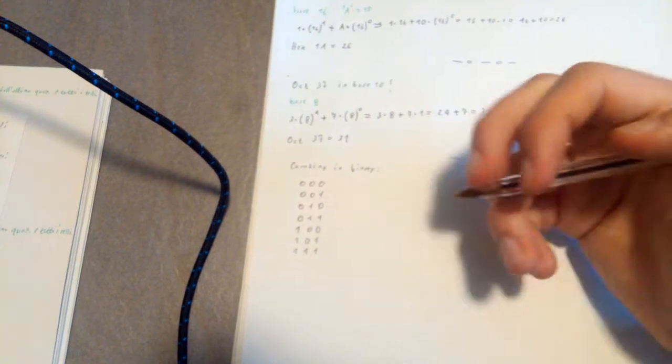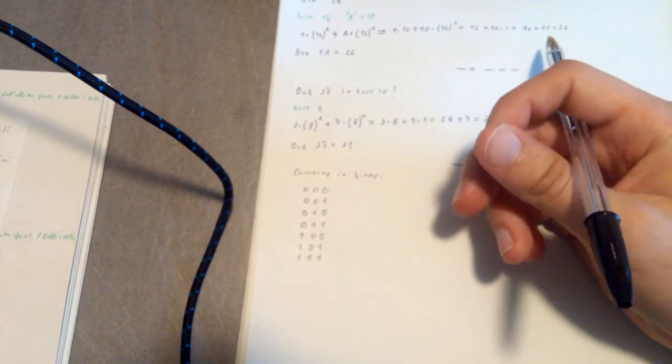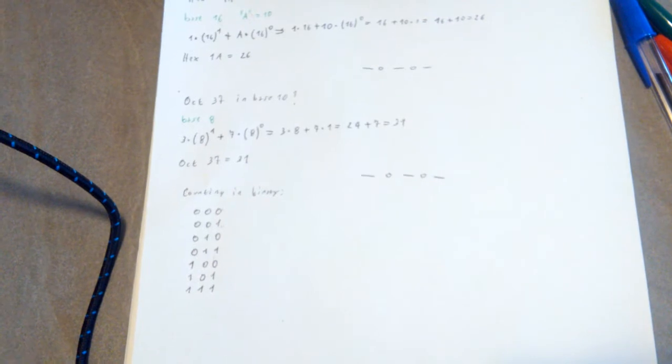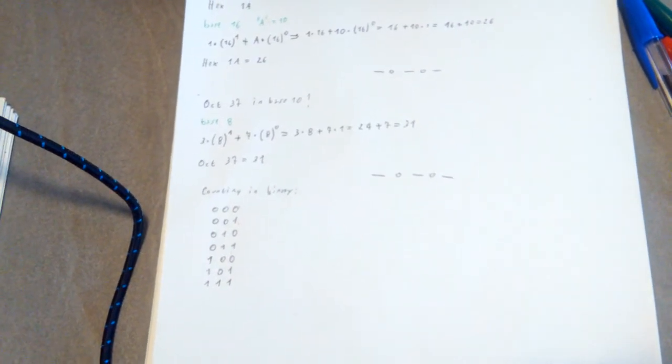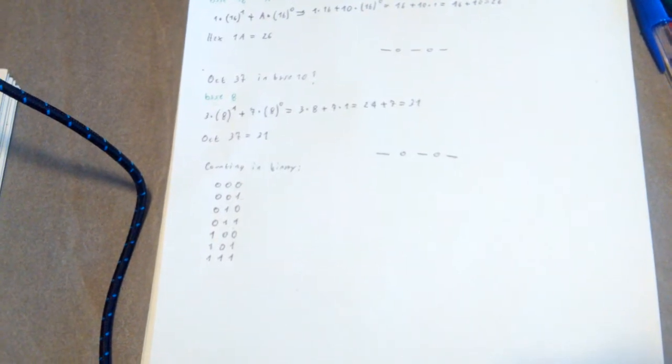So this is basically how we count in binary. And this is actually extremely important. There are different types of counters which can follow this sequence or other kinds of sequences, but this is extremely important.